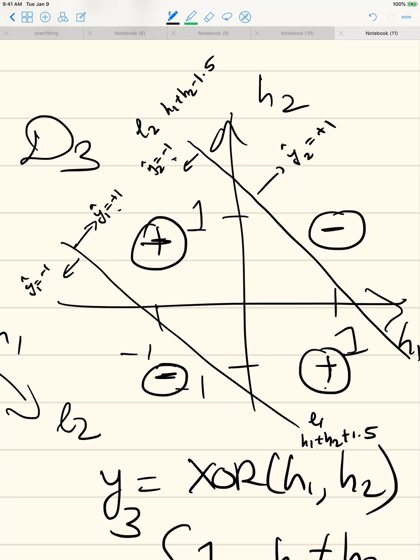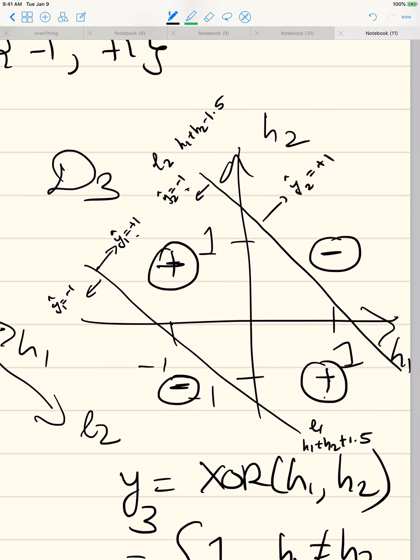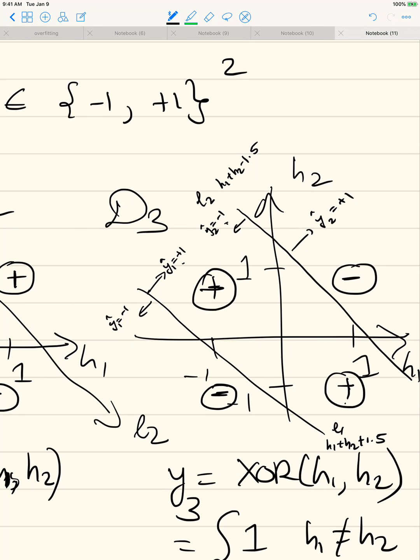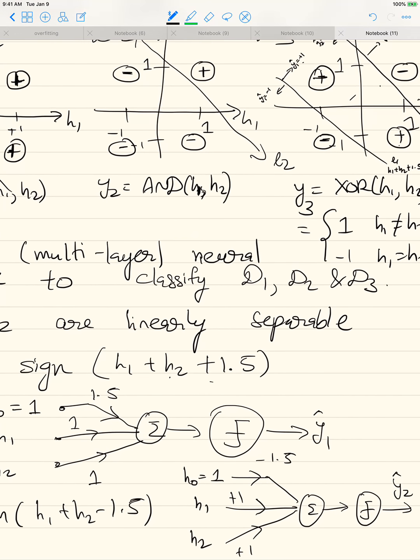That is the only case where the label is allowed to be positive. So we want to implement a network that takes the intersection of these two lines and assigns the value plus if the input vector is in the intersection, like in this region, and it assigns minus everywhere else.